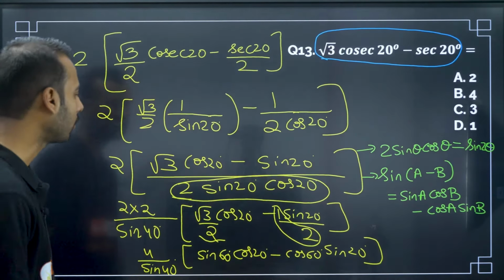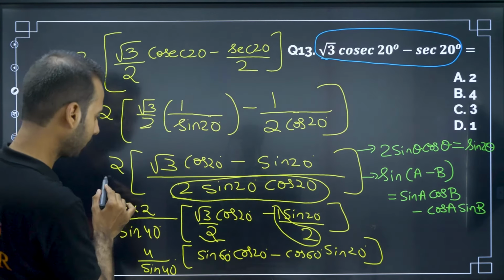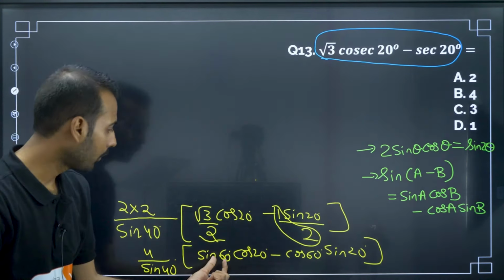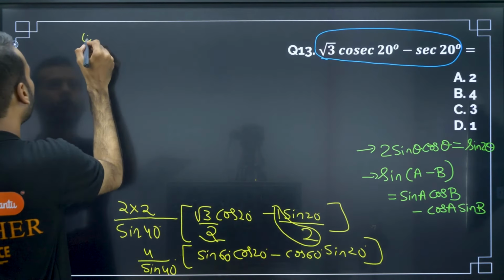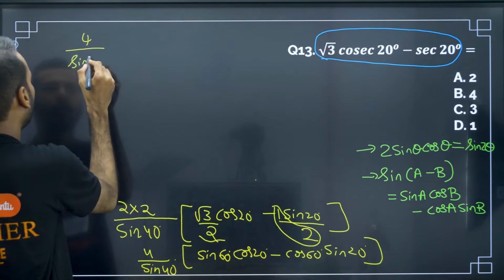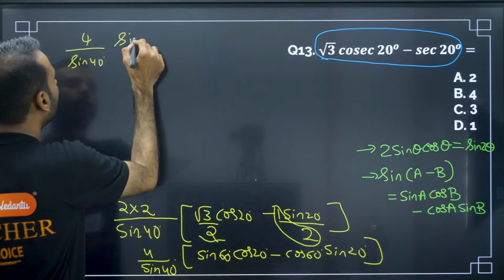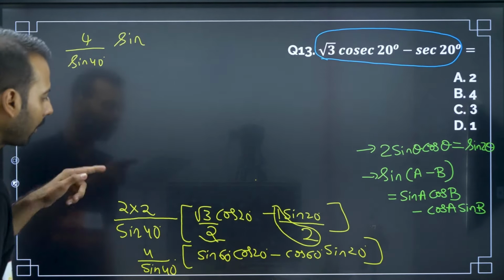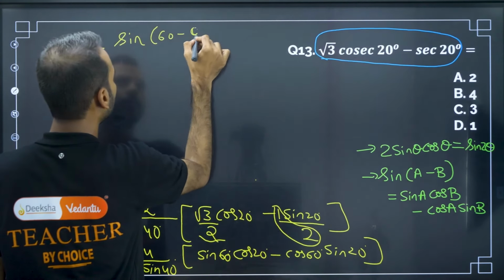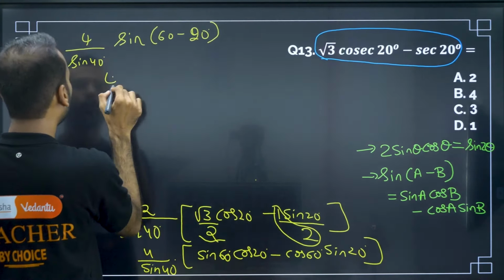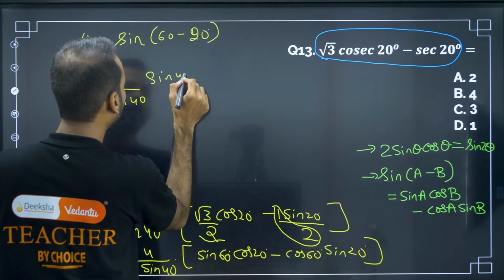Now if you see here, sine a cos b minus cos a sine b, for that this 4 I am writing as it is, sine 40 I am writing as it is, sine of a minus b, 60 minus 20, next 4 by sine 40, and this is also sine 40.